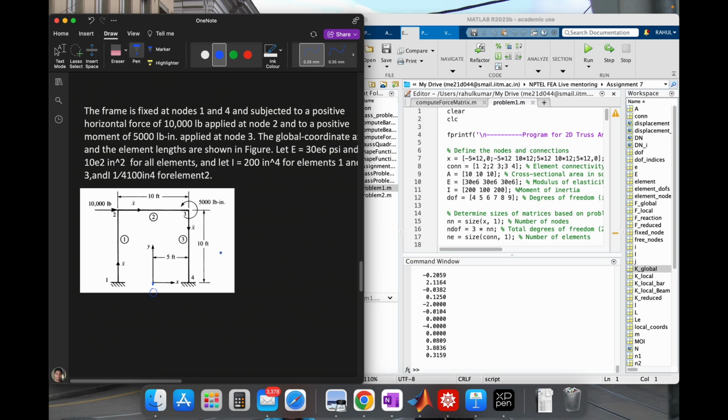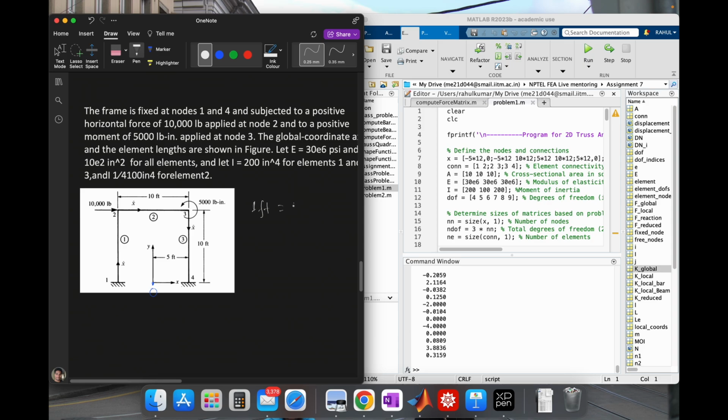So for node 1, we need to be very careful here. Some dimensions are in feet and some are in pounds and inches. We already know that 1 foot equals 12 inches.